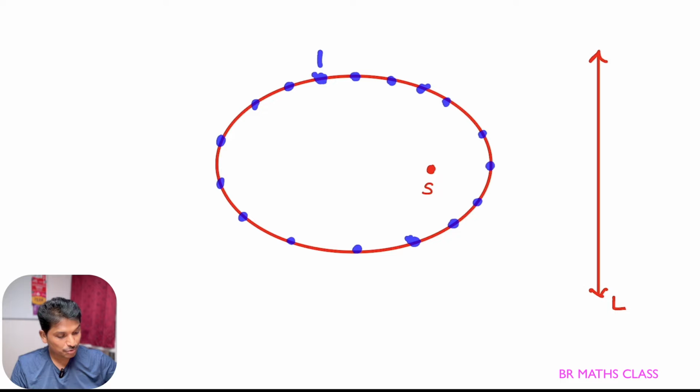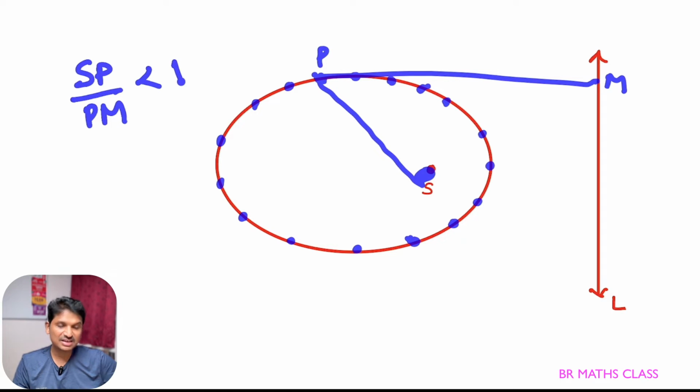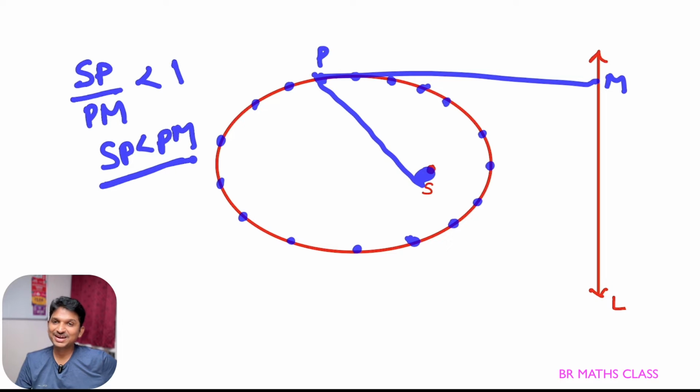Suppose you take a point P here. Yes, this is SP. This is PM. You see here SP is less than PM. SP by PM, the ratio of its distances from the fixed point to the fixed straight line, is constant and that constant is less than 1. Then that diagram is called an ellipse. SP by PM less than 1 means SP is less than PM. I hope you are understanding.